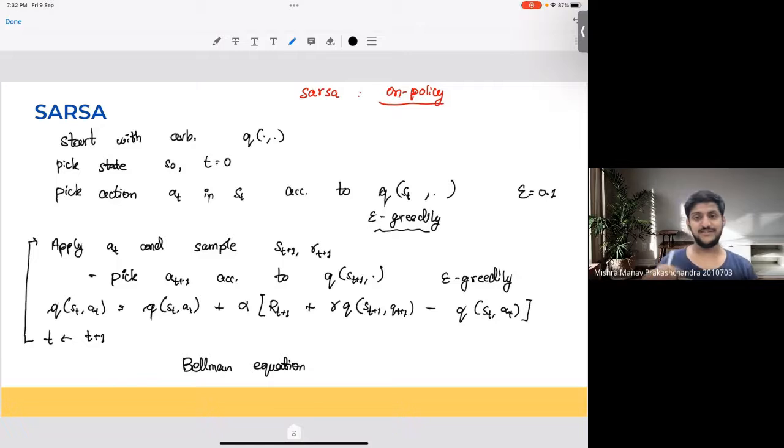Because you're solving the Bellman equation, you need to have the policy when you're solving this.